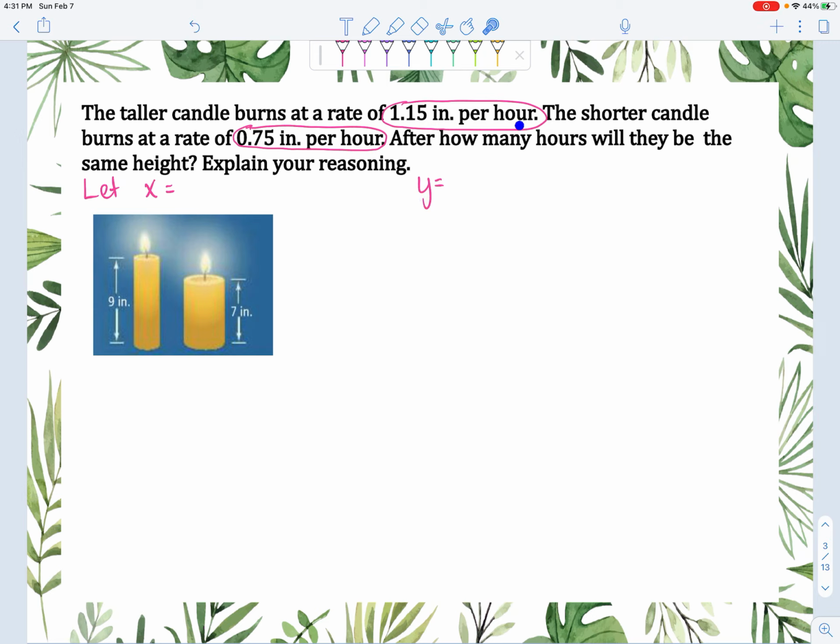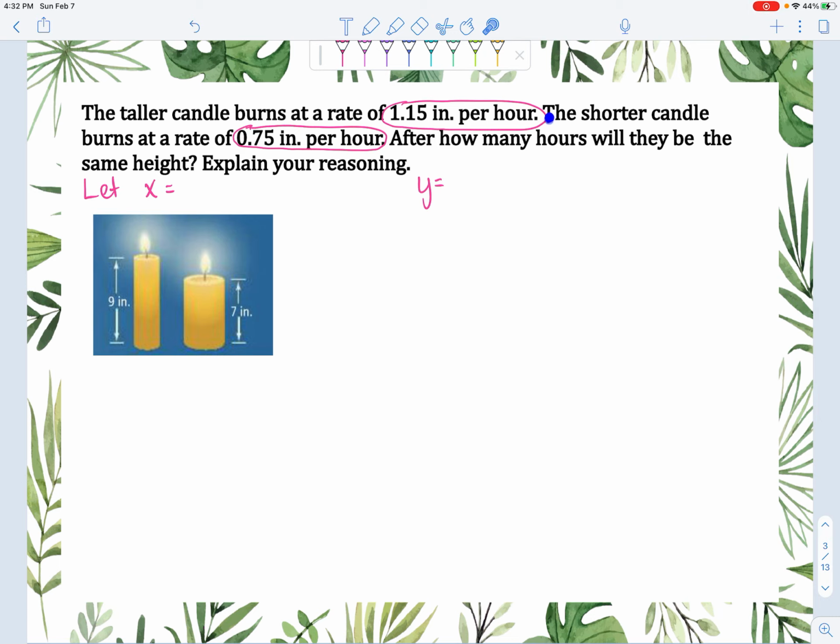So my two variables, I can actually look at my rates to determine what my two variables are. I've got inches as a variable and I've got hours. So we've got time and we've got inches. So think about it. Which one depends on the other? Does the height of the candle in inches depend on the number of hours it's been burning, or does the time depend on the height?